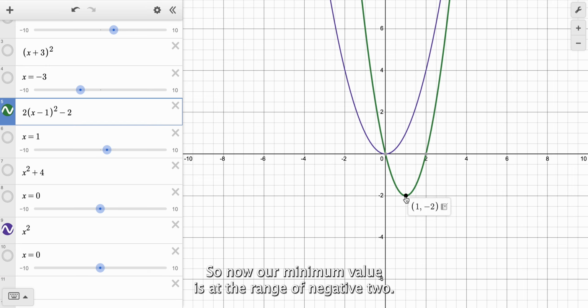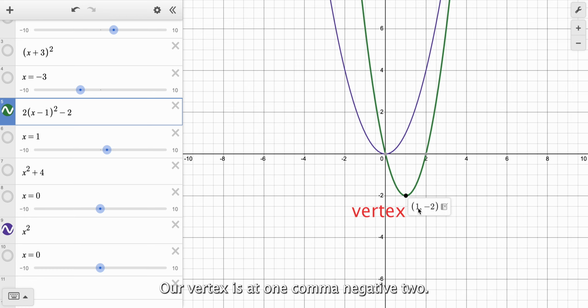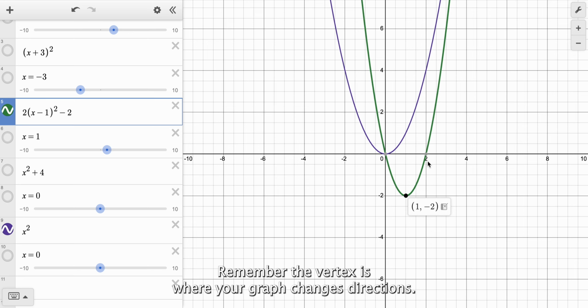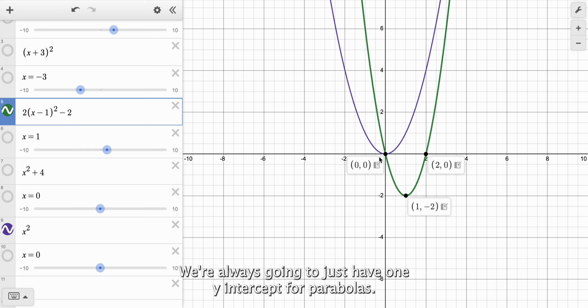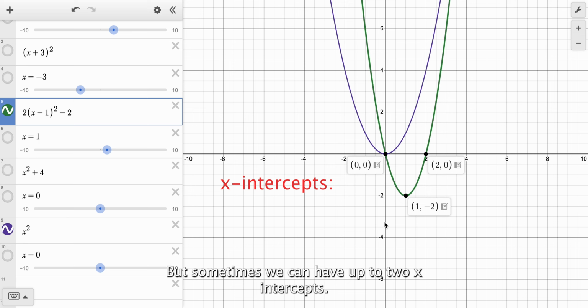So now our minimum value is at the range of -2. Our vertex is at 1, -2. So that's our lowest point. Remember, the vertex is where your graph changes directions. It opens up, and this time we have 2 intercepts. We have 1 y-intercept. We're always going to just have 1 y-intercept for parabolas, but sometimes we can have up to 2 x-intercepts.